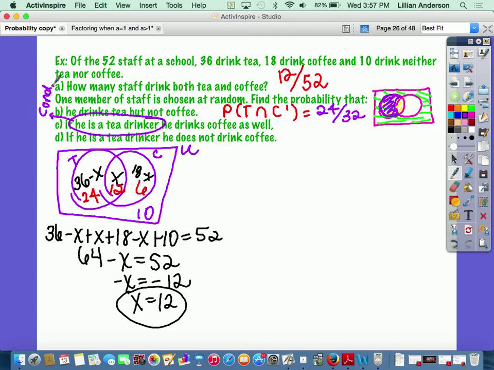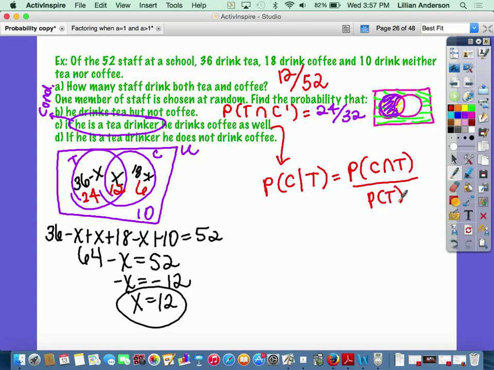So if I wanted to write it in correct sense, we're looking for the probability that if he's a tea drinker, so tea is going to go at the end because that's the condition, and then coffee is going to go in front. Okay? So again, whatever the condition is, it goes second in the formula. So then I'm looking for the probability of the intersection between coffee and tea, and I'm going to divide it by the probability of tea.